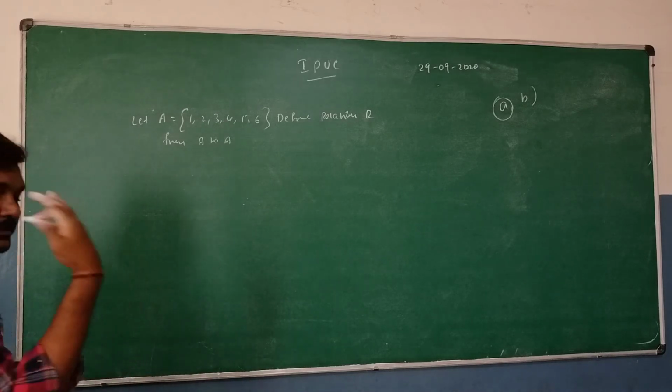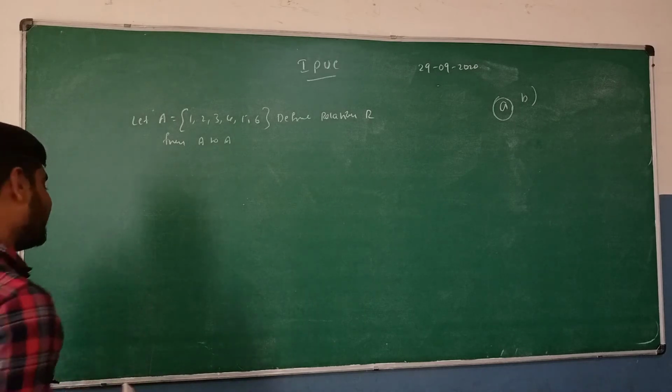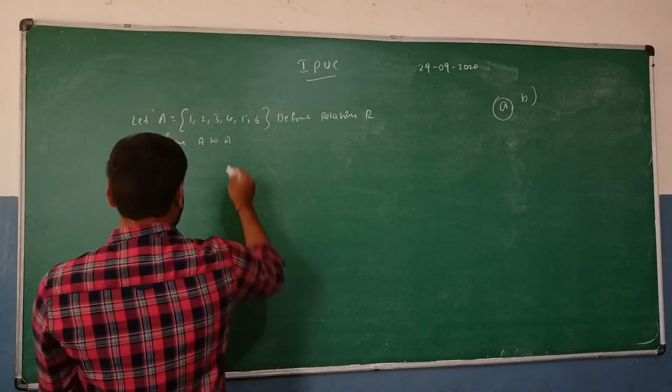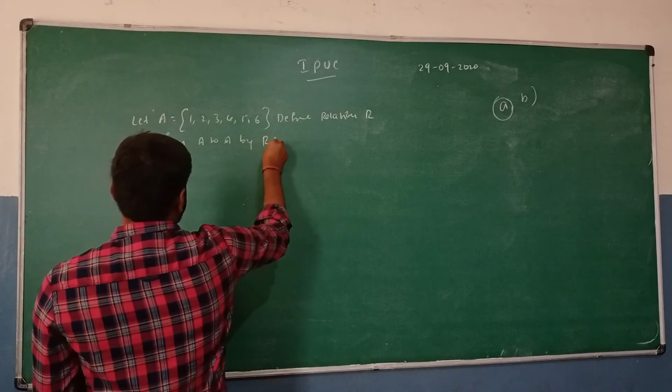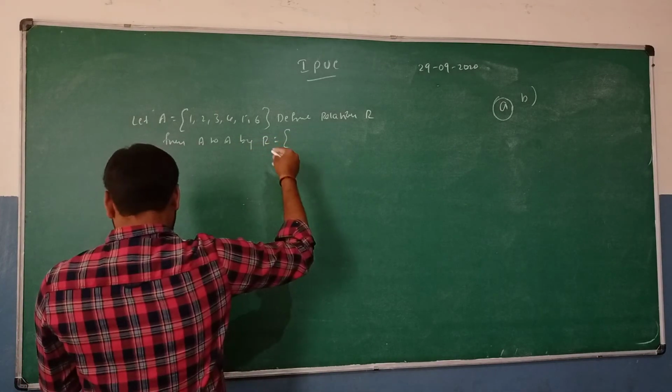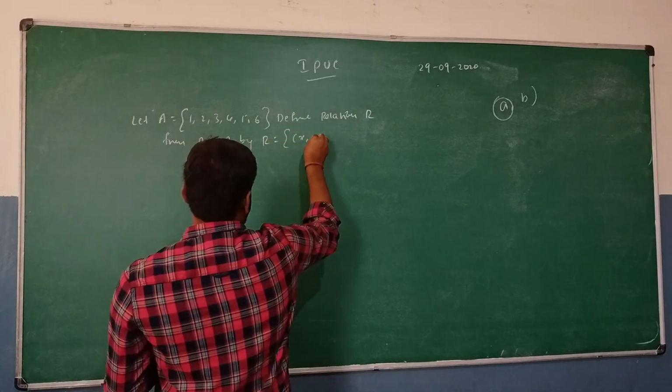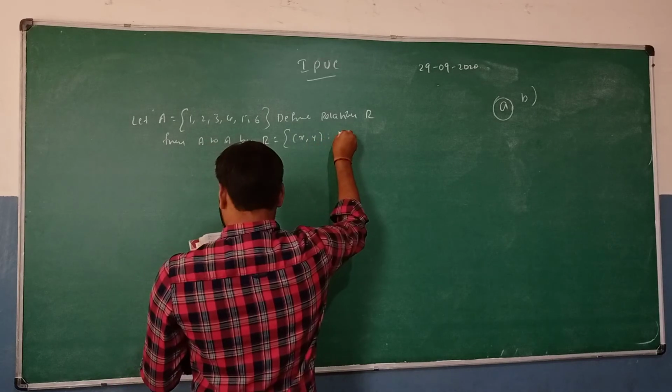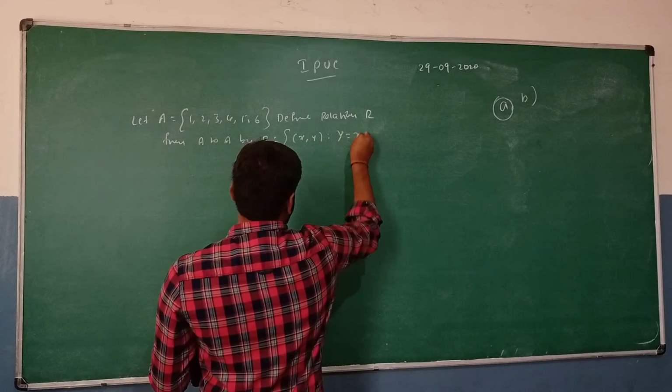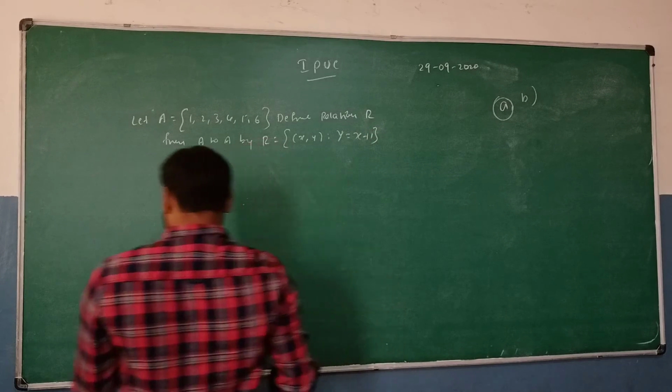Here set A and set B are both the same set A. They have given the relation by R is equal to, in set builder form, x comma y such that y is equal to x plus 1.